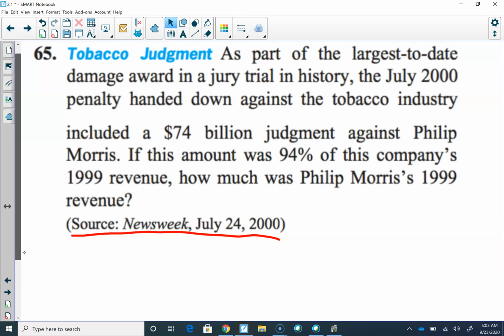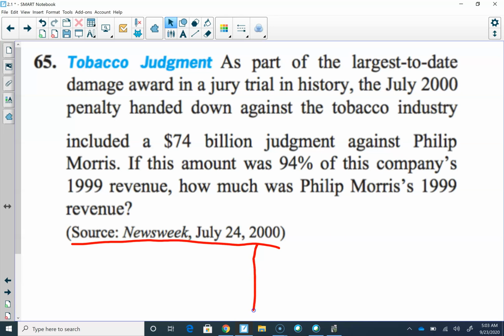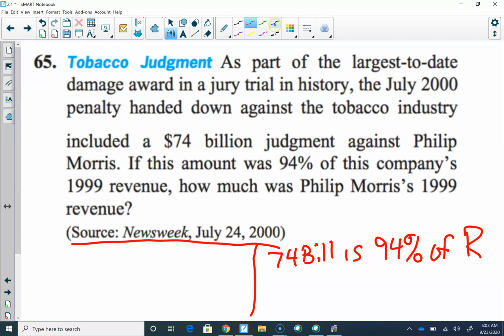So there's a couple ways you could do this. 2 different ways, actually, depending on how you learned it in algebra. So you could say, just take it literally and transcribe this. So you could say 74 billion is 94% of the revenue. So I just translate this right into an equation. This is the way I like to do it personally.